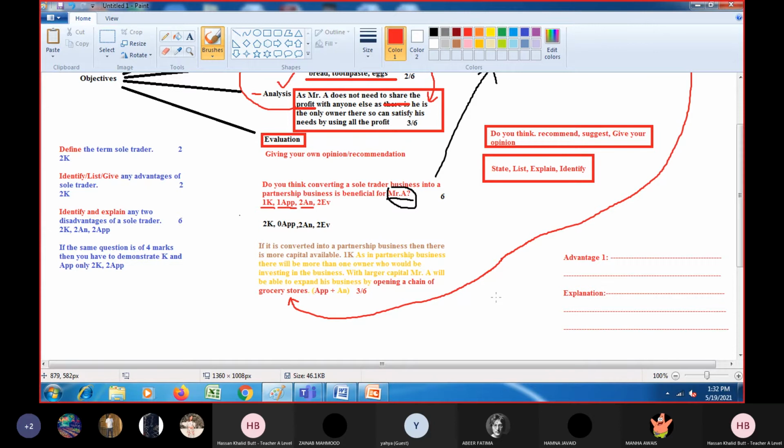Because you have to discuss another point as well before your evaluation, like a counter argument, a point against that statement, by saying that Mr. A may not benefit by converting the sole trader into a partnership business. So right now you have got full marks for the knowledge, full marks for the application, and half the marks for analysis. That is one, right?